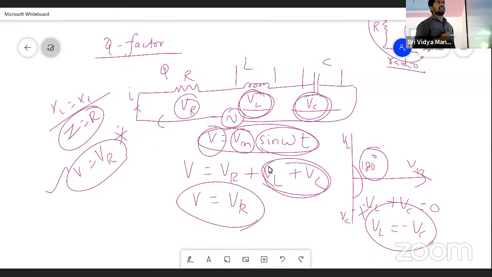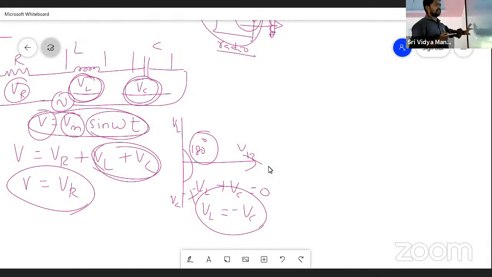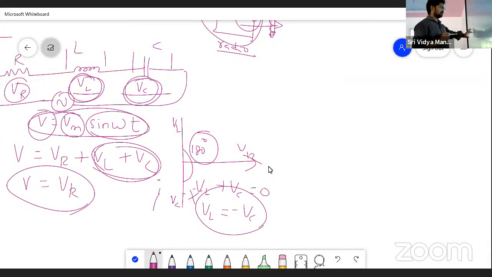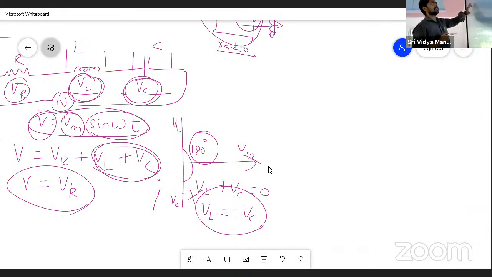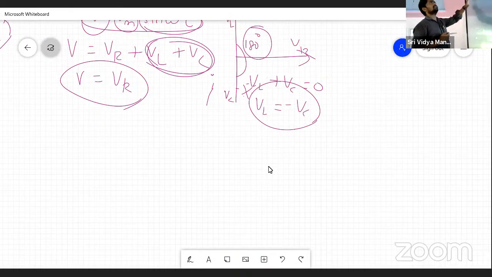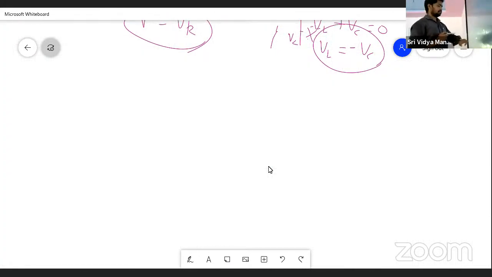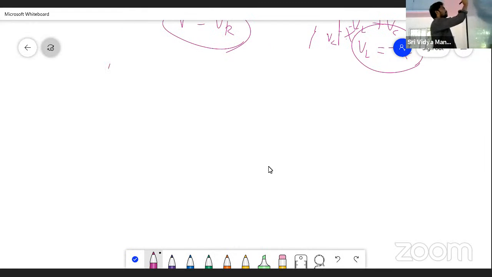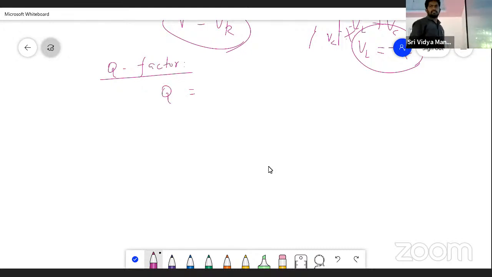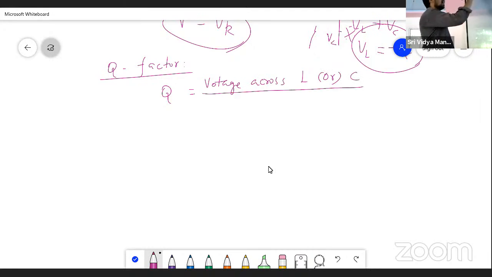The simple definition of quality factor: Q factor is equal to voltage across L or C divided by applied voltage.